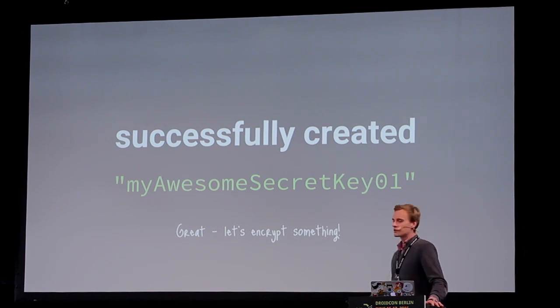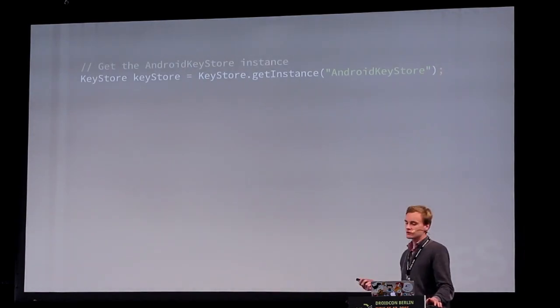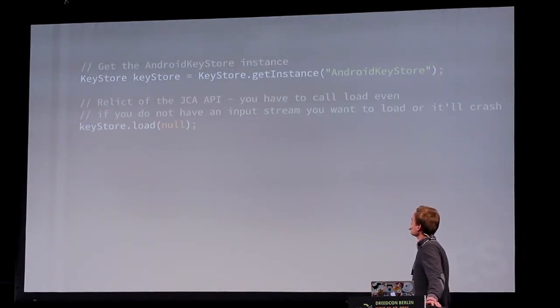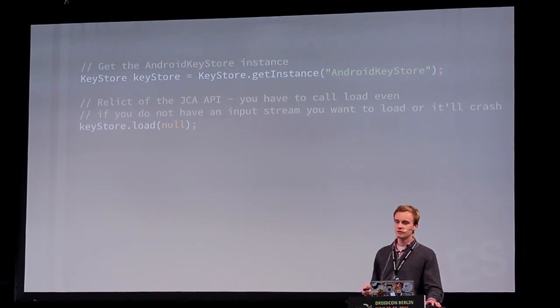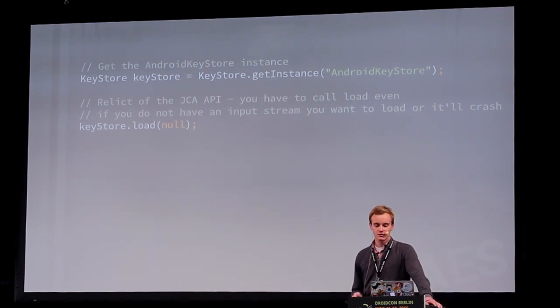And if you want to encrypt something, it's super straightforward. We try to get an instance of the keystore with the Android Keystore provider, and after that we have this relic of the Java Cryptography API, where we have to call .load, even if we don't have an input stream or whatever to load it with.